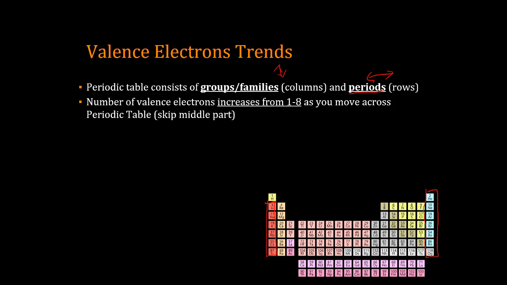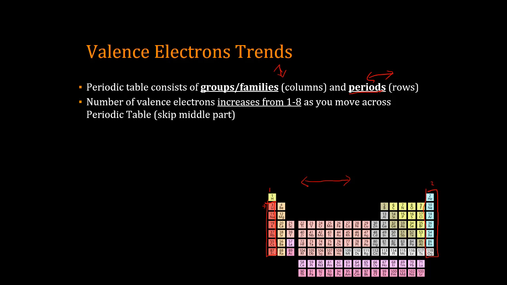But a period happens this way, and as I move across a period, things change, because first I have 1 proton and 1 electron, then I have 2 protons and 2 electrons, then I start over, and I'm back to having 3 protons and 3 electrons, but that 3rd electron is actually in the next energy level.